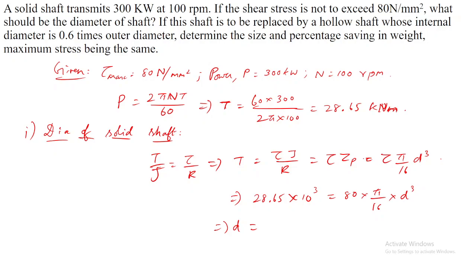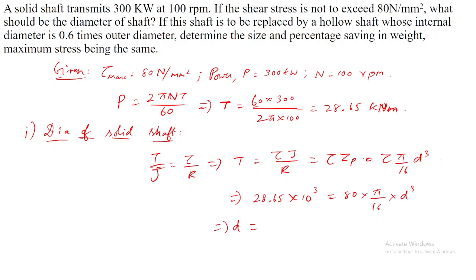For calculating this, how is the percentage taken? Percentage saving in weight means we have to find what percentage is saved in weight. For example, weight is nothing but mass into gravity, and mass equals density into volume, right?